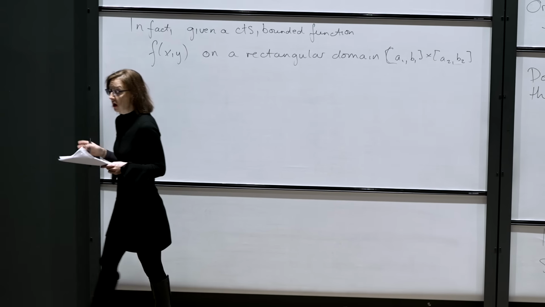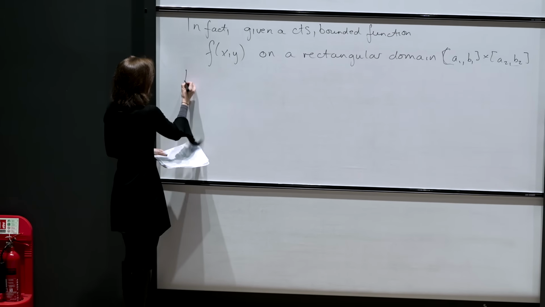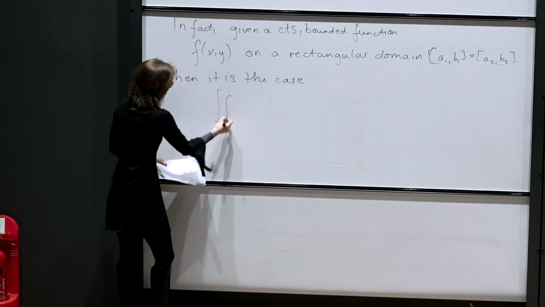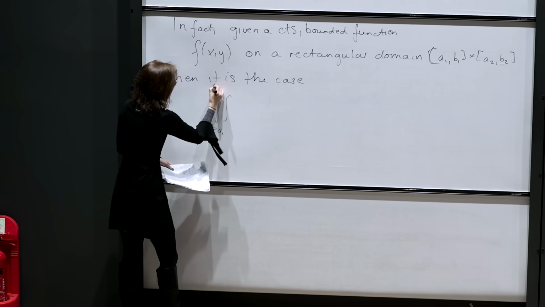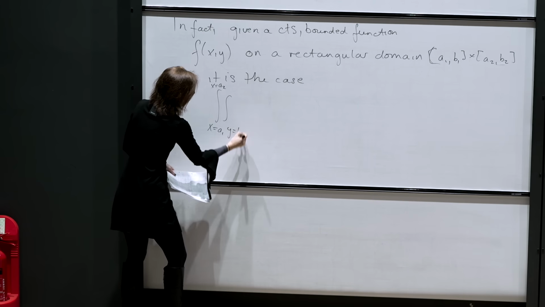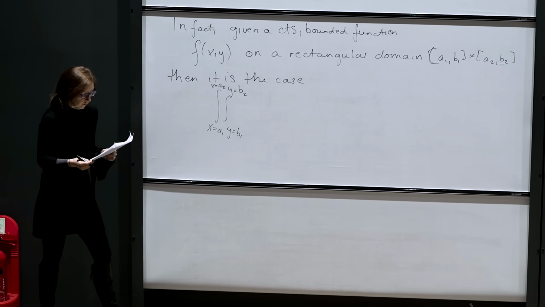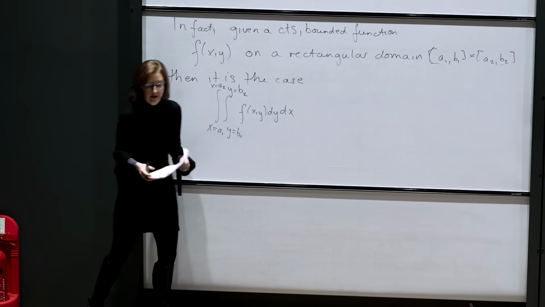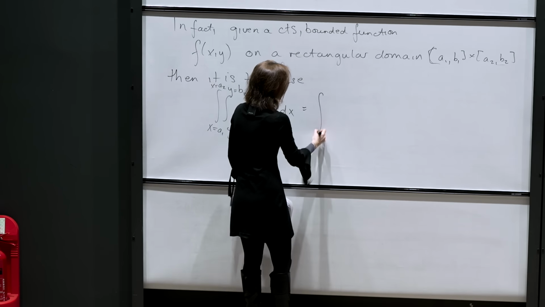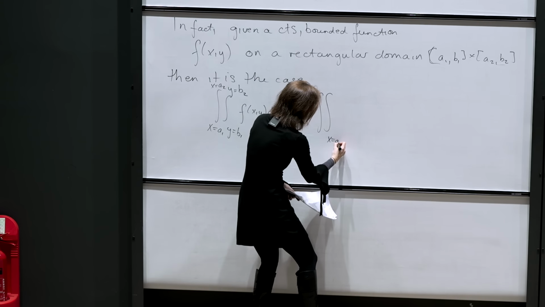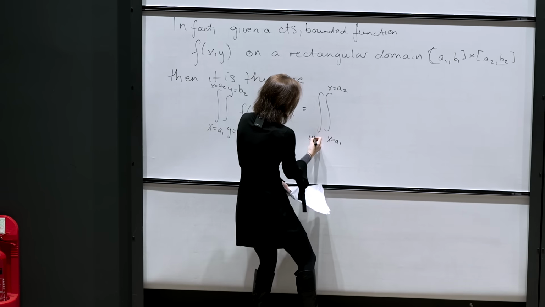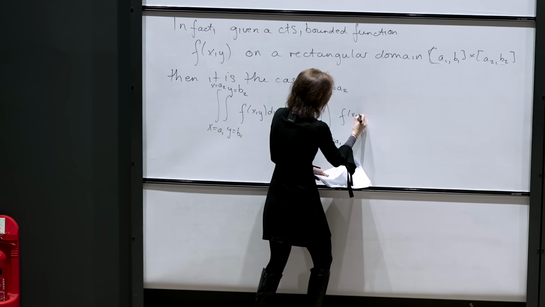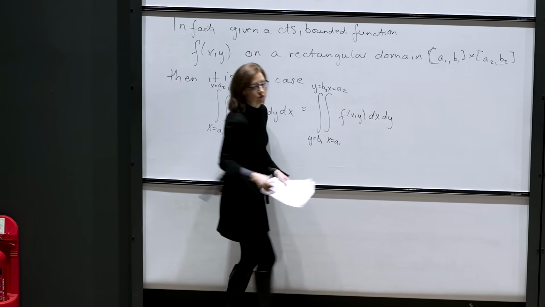So we're just thinking about functions that are continuous and bounded on a rectangular domain. Then it is the case that the integral from x equals a1 to a2, y equals b1 to b2 of my function f of x, y integrated with respect to y and then with respect to x is equal to the same integral of f of x, y, now doing the x integral first and then the y integral.